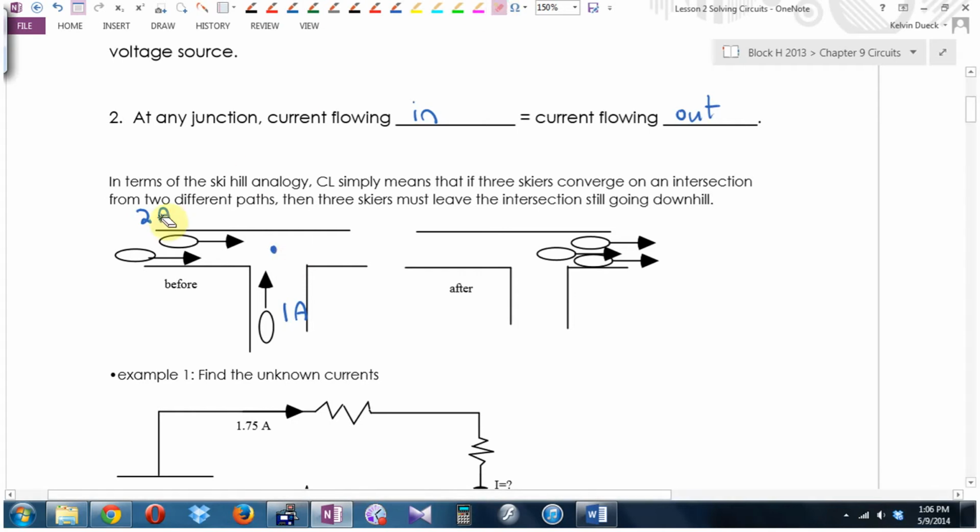If I have 2 amps coming in here and 1 amp coming in here, how many amps must end up going this way? 3 amps. Often you can add that part in your head. The calculator stuff is for some of the other things. Current in equals current out. That's the current law. Current in a circuit does not vanish.